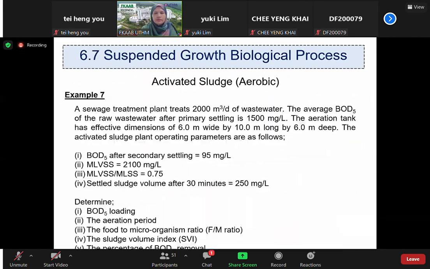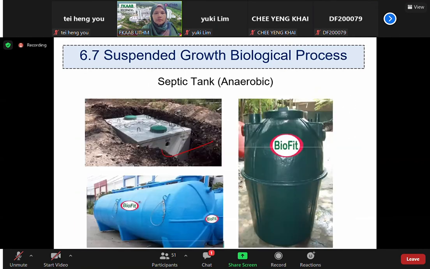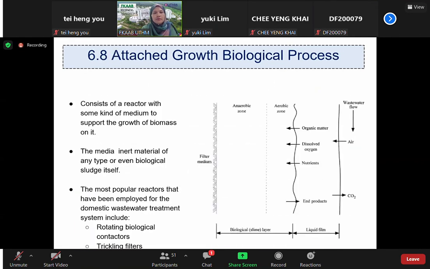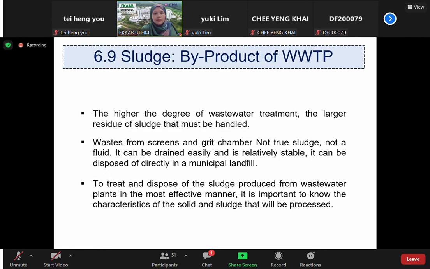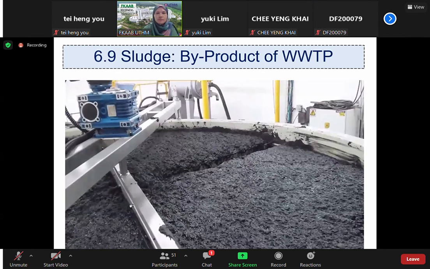Kalau tadi if you learn about the anaerobic digester, not much sludge sebab everything being convert into the gas, biogas kan. Jadi macam ni. So this is the sludge, the byproduct, hasil dia of the waste from the wastewater treatment plant, especially from the clarifier or sedimentation tank.